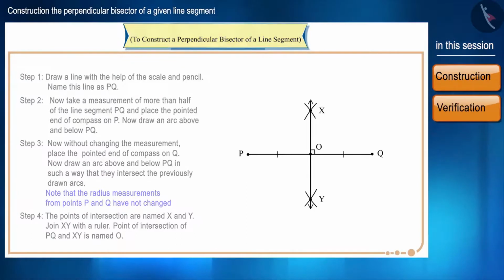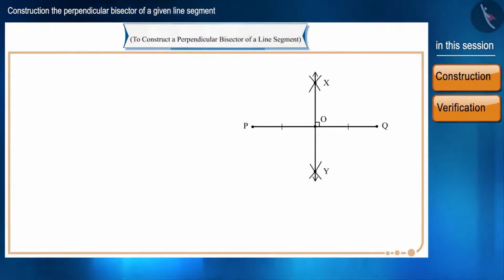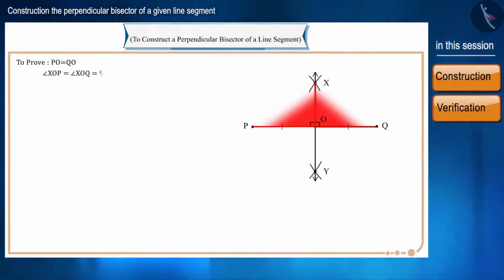Let's prove it mathematically as well. Now we will prove that PO is equal to OQ and angle XOP is equal to angle XOQ is equal to 90 degrees.